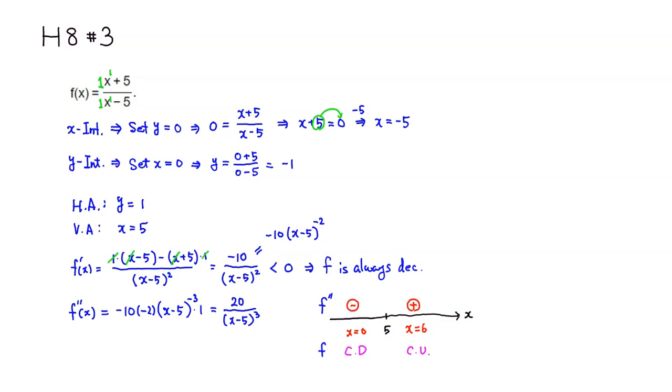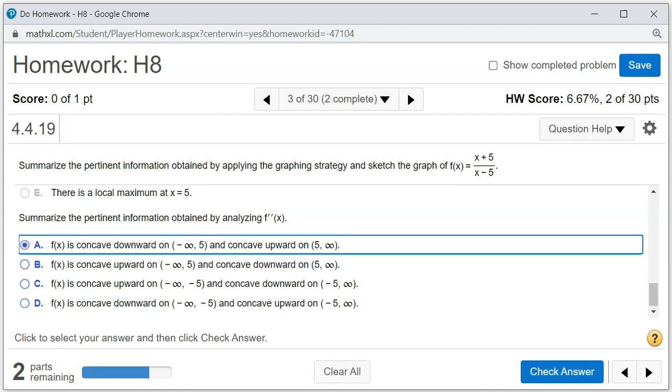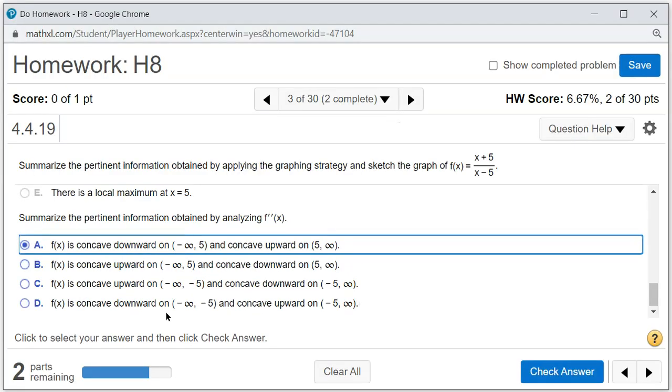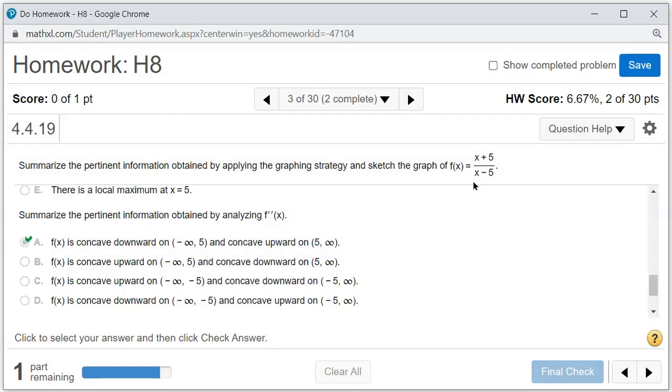All right, so let's choose the answer. Concave down on negative infinity to 5, concave upward after. That's exactly what we said: concave down to concave up. Let's check the answer. We got that.